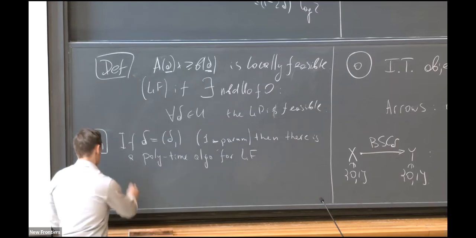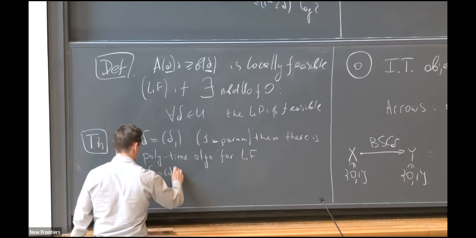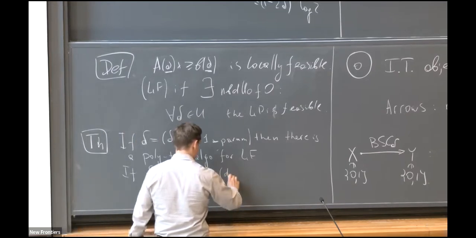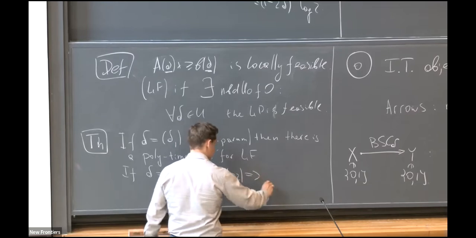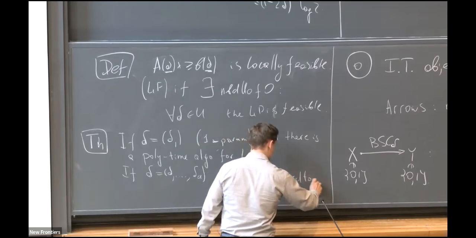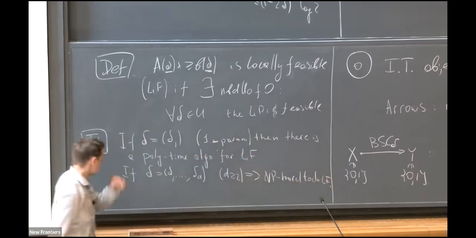And if delta has more than one parameter, D bigger or equal to 2, then it's NP-hard to check local feasibility.